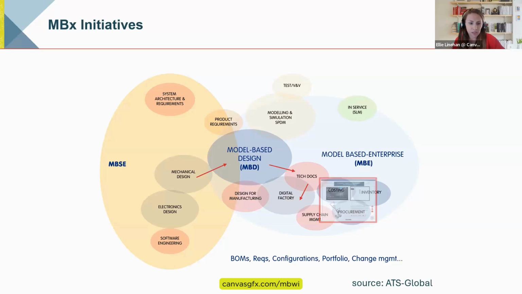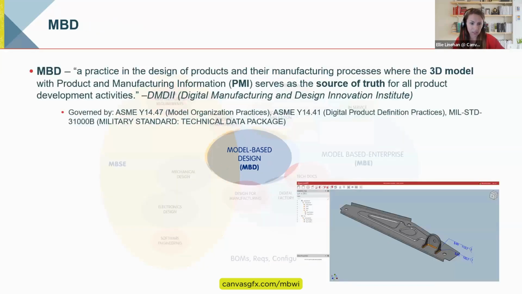And taking a look at MBD, this is really where I would say a lot of the enablement comes in, is when you have all your engineering processes based around models and you have good product definition practices and all that to enable you to take advantage of model-based work instructions.